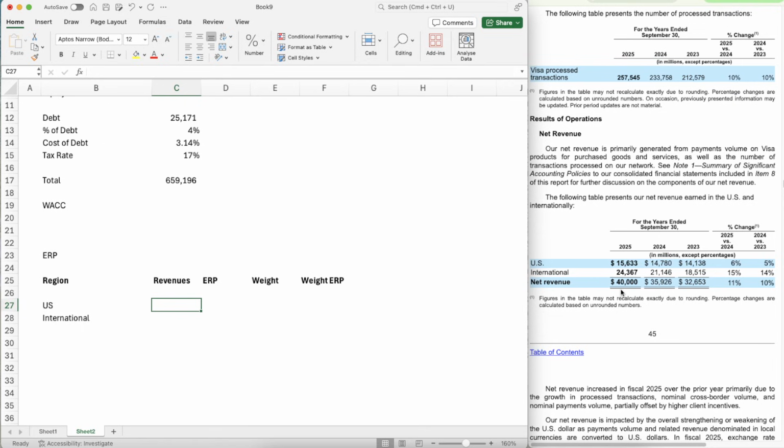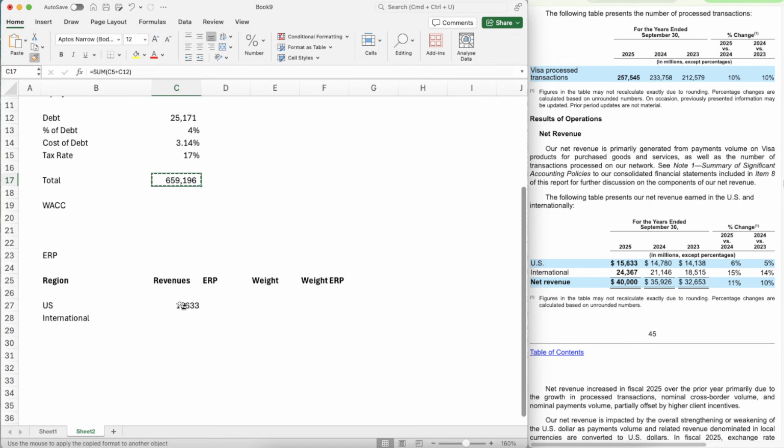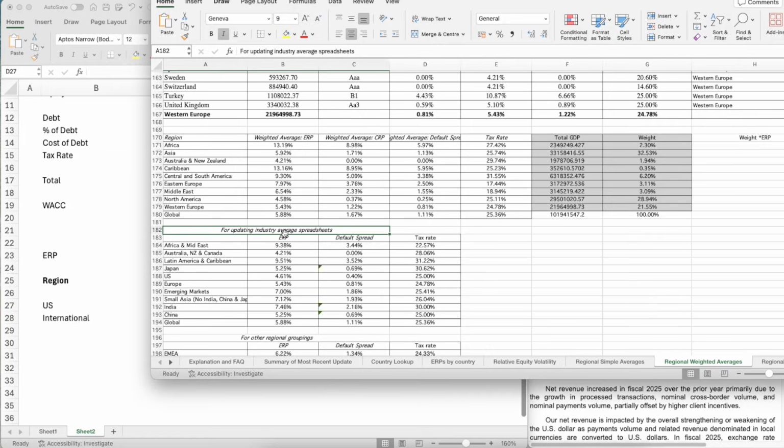These revenues are 15,633. For international, 24,367. So the ERP, we come onto this spreadsheet.